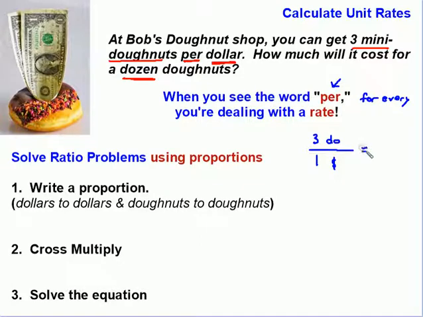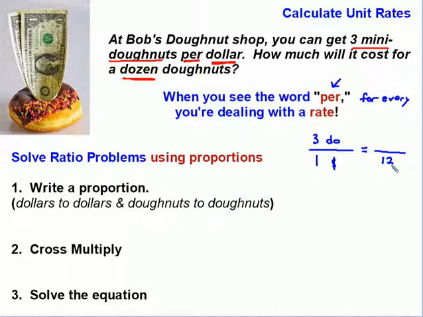Now our question asks us, how much will it cost for a dozen donuts? What does a dozen mean? A dozen is 12, right? If you ever bought donuts, you probably bought them by the dozen, and they're amazing. So now I have written this in a strange way. I have 3 donuts for $1 right here, but I put 12 on the bottom.